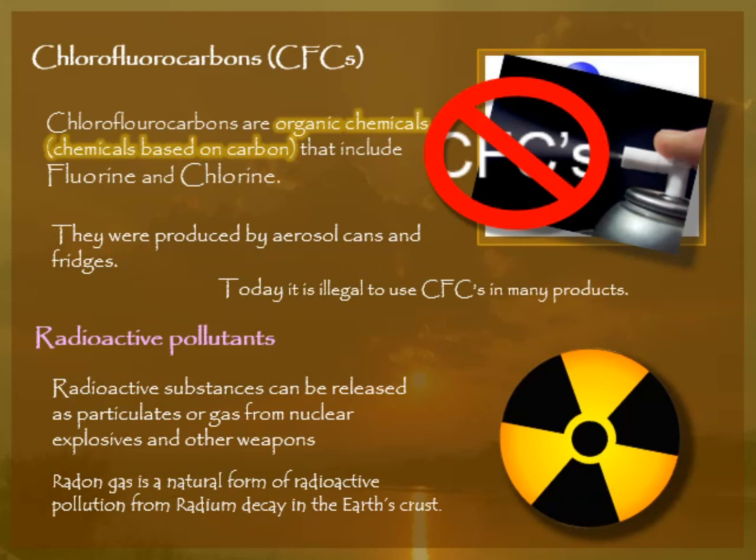So radon gas is one kind of radioactive pollutant which is actually natural. Radium is found in the Earth's crust, and radon can be produced by the natural decay of it. However, there are obviously sources of man-made radioactive pollution as well.